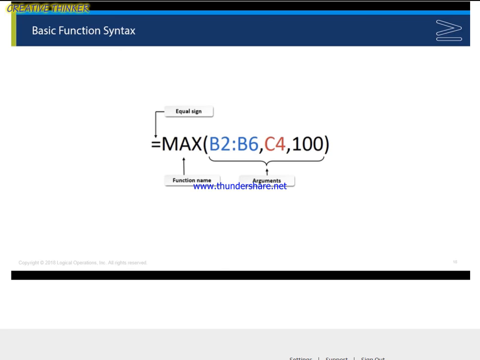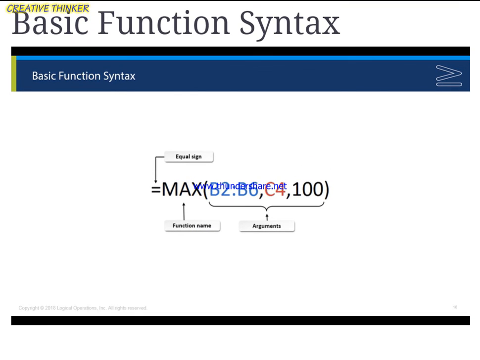Now let's talk about the basic function syntax, because in order for us to understand how it works, you really do have to understand the syntax. It's just the structure that's necessary so that we can express the function and define the arguments. Pretty easy, okay? It always starts with an equal sign. The equal sign just tells Excel that a function is coming. Then it's the function name in its entirety.